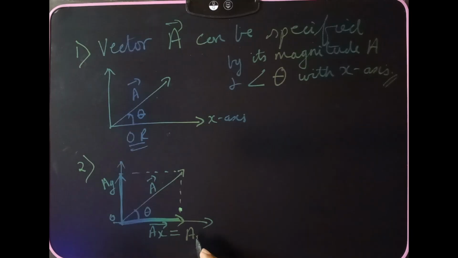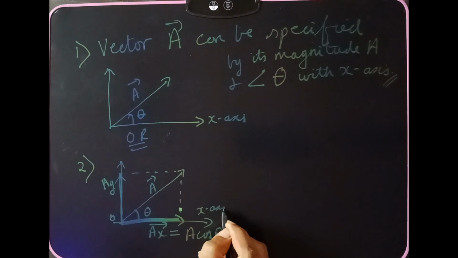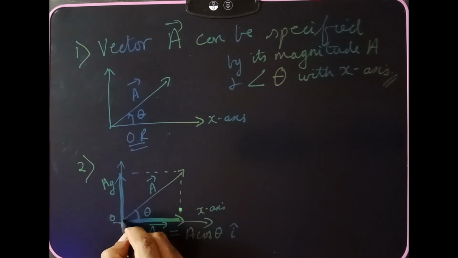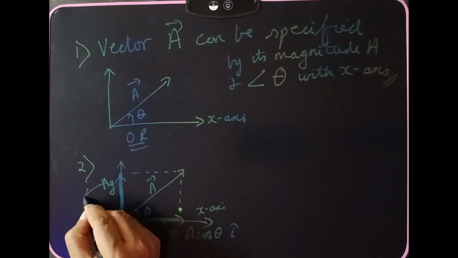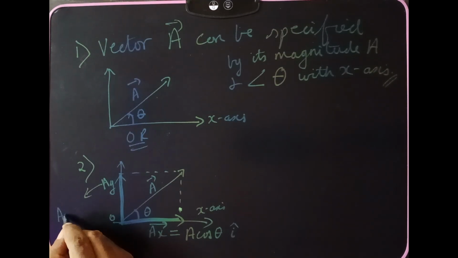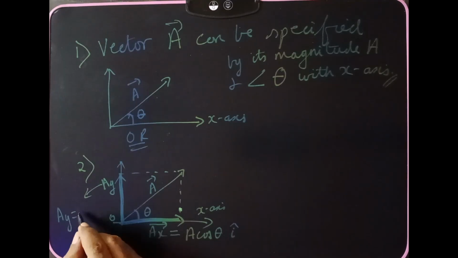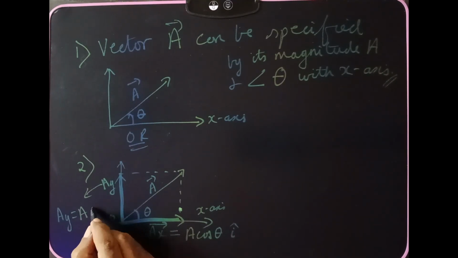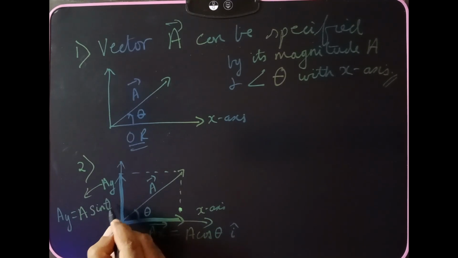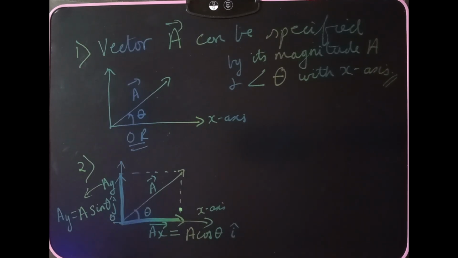So it will be written as A cos theta i cap, because it's along the x-axis. And along the y-axis, Ay can be written as, now this is the sine component, right? It will be A sin theta j cap.